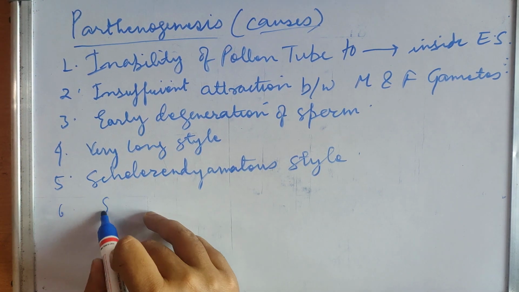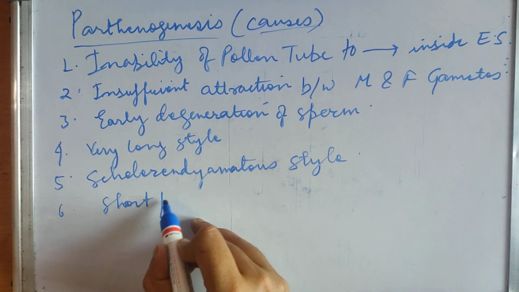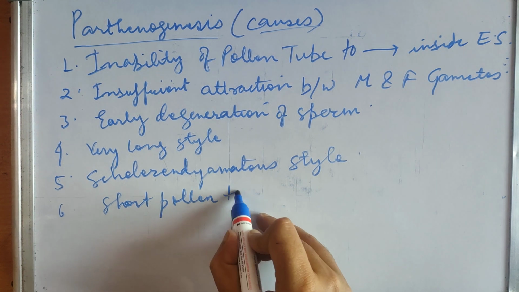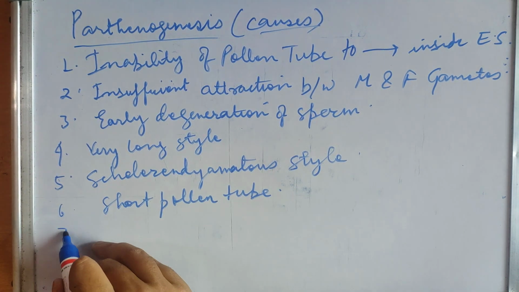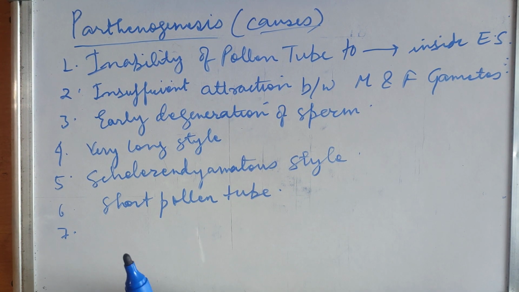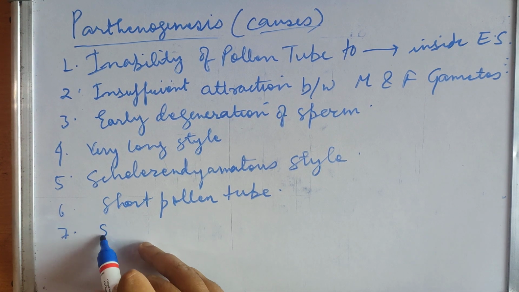There could be a short pollen tube, or a slow rate of pollen tube growth.